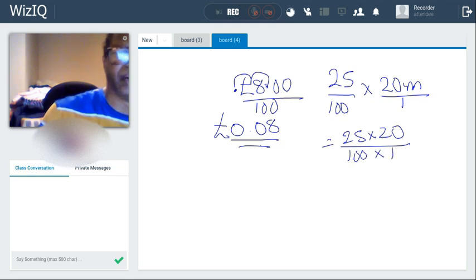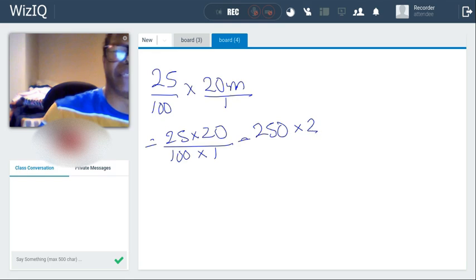So in this one here, when you have 25 multiplied by 20, all you need to do is add 0 to 25. So you're going to have 250. You have added 0 and then multiply by 2 over 100. Now, if you multiply this by 2, you're going to get what?